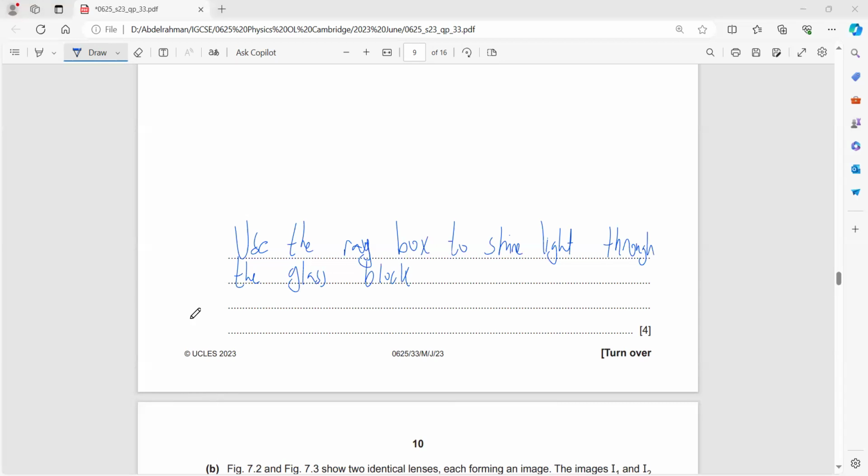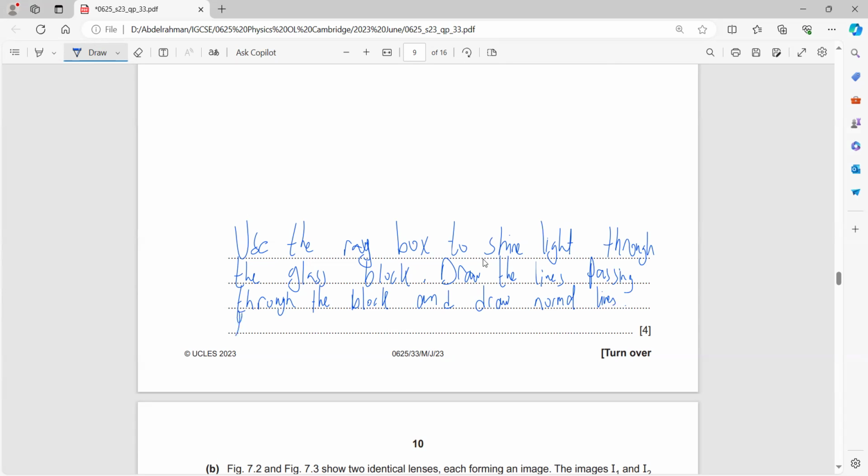Then we can draw the lines passing through the block, and draw normal lines.